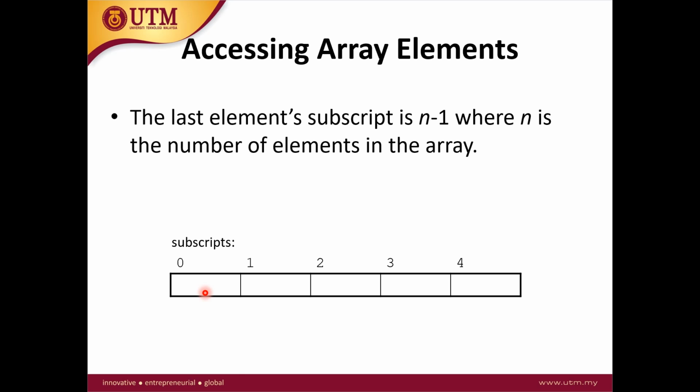And if it starts from 0, what's going to be the index of the last one? It's going to be the size minus 1. Always the size minus 1. If the size is n, the last element is going to be n minus 1. If it's 5, the last one is going to be in index 4. 5 minus 1 is 4.